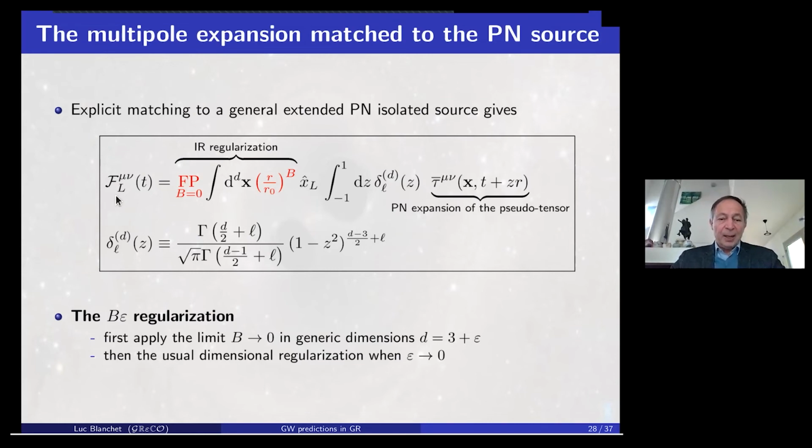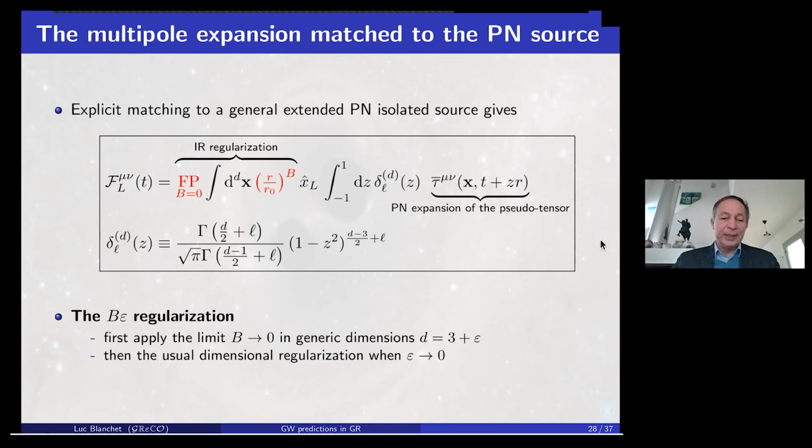Okay. And actually, we are using this regularization with a B parameter on top of dimensional regularization, because you have a power, you have D dimensions there.